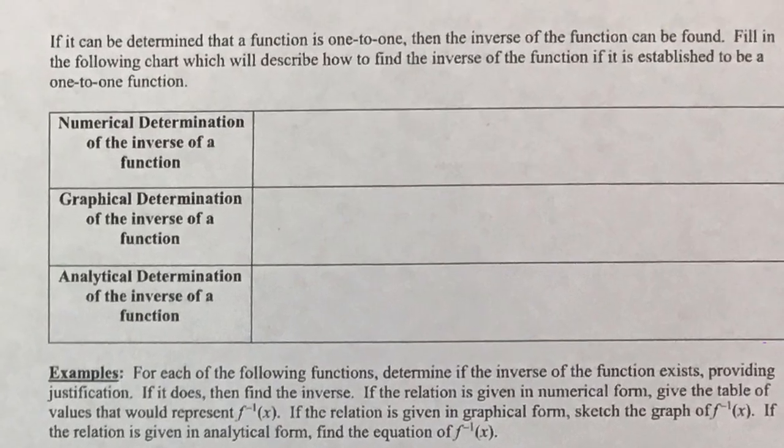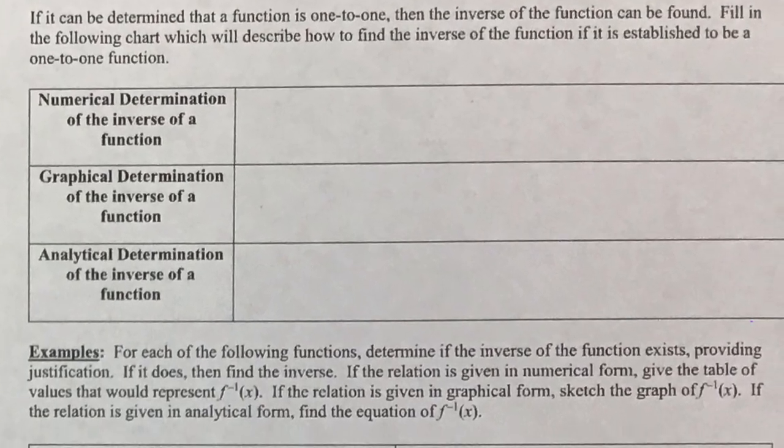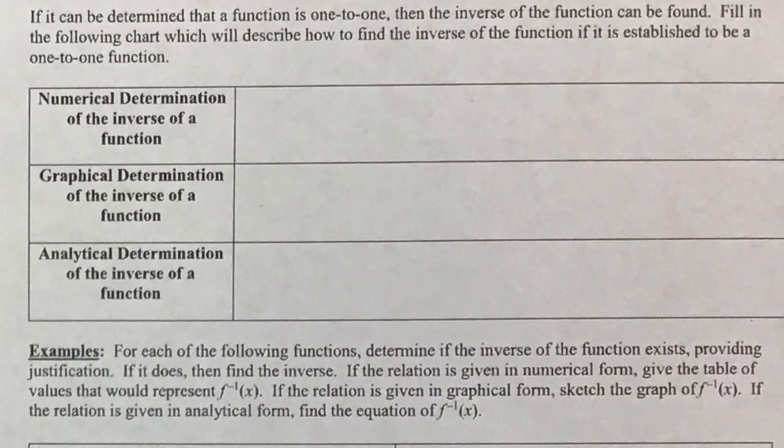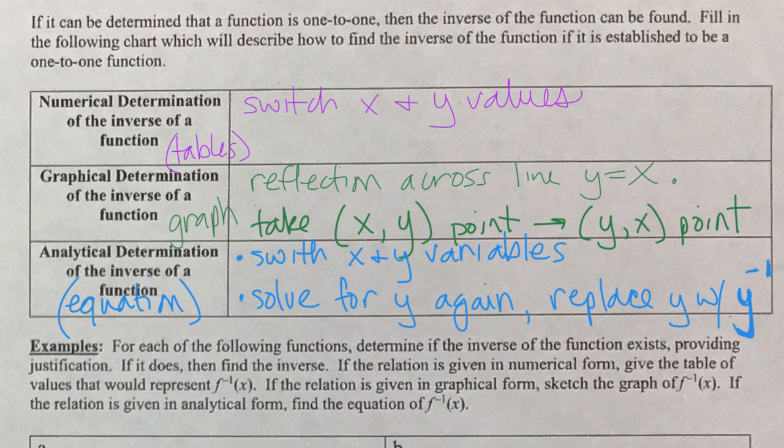So now let's talk about the things about inverses. Okay, 3 different types of inverse determinations. So when we have a table and you want to find the inverse of those values, you just switch the x and the y. Simple enough. If you have a graph, the graph's inverse is a reflection across the line y equals x.